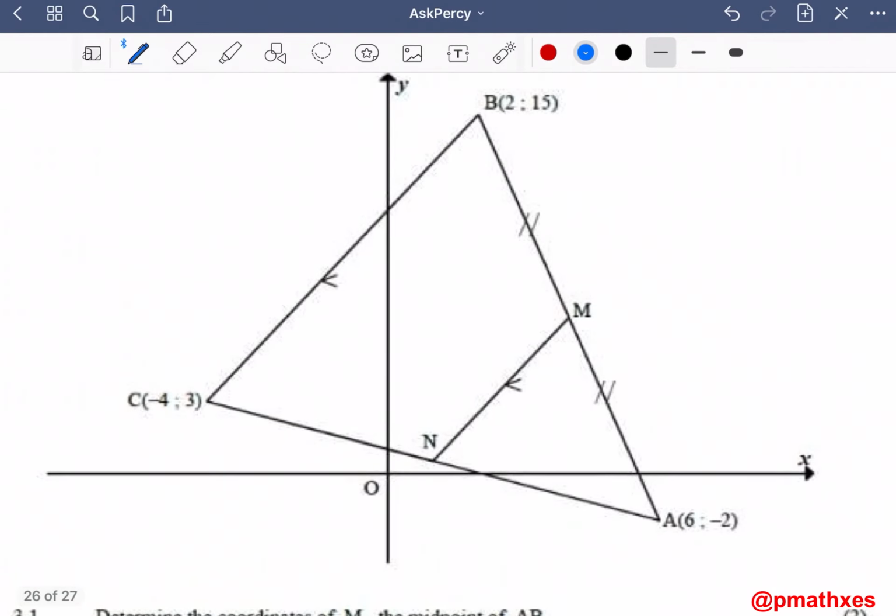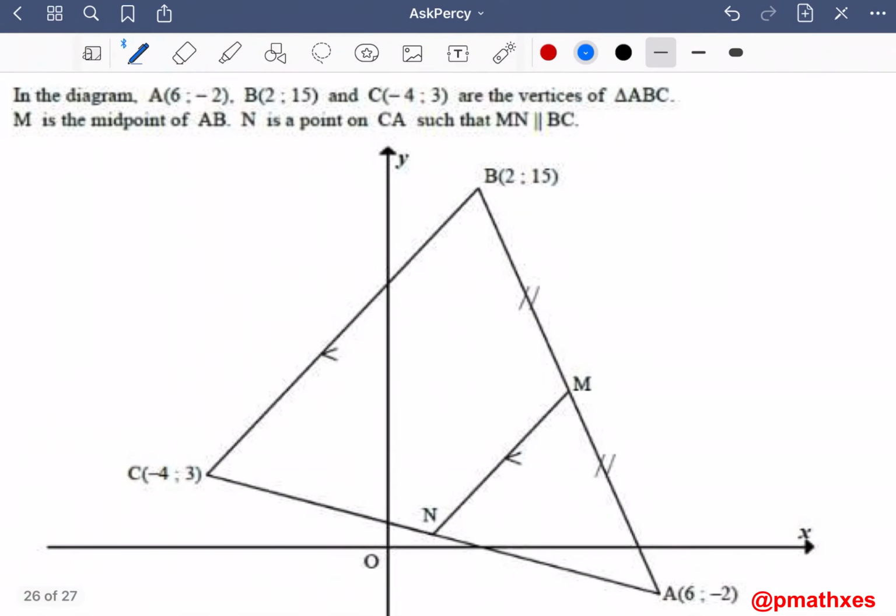It means that if we can find the gradient of BC, then we can find the gradient of MN, because the gradient of BC is equal to the gradient of MN.